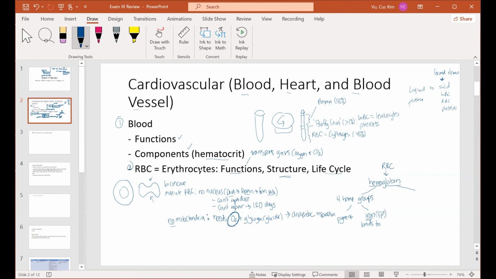Just think like your car. Any metal car, it rusts because it binds to what? Not salts. Good guess though.